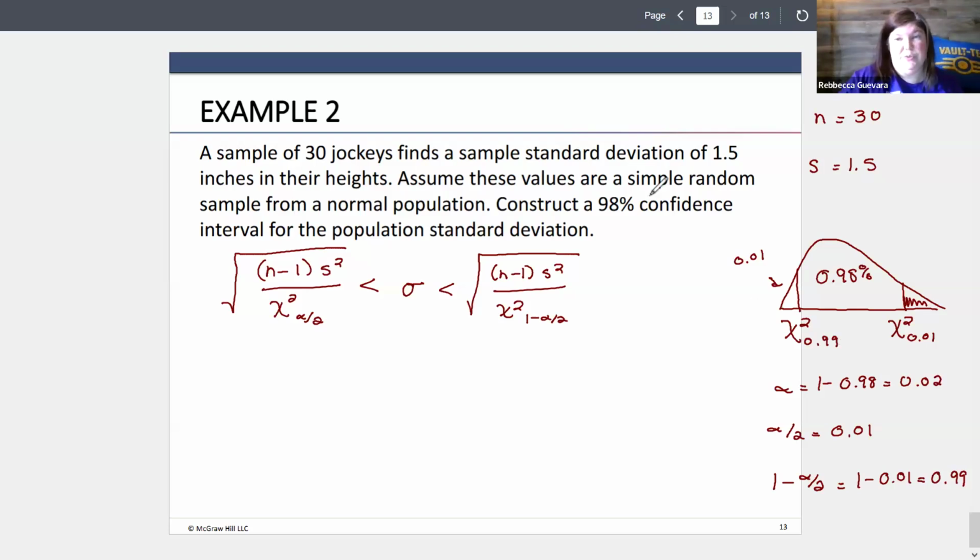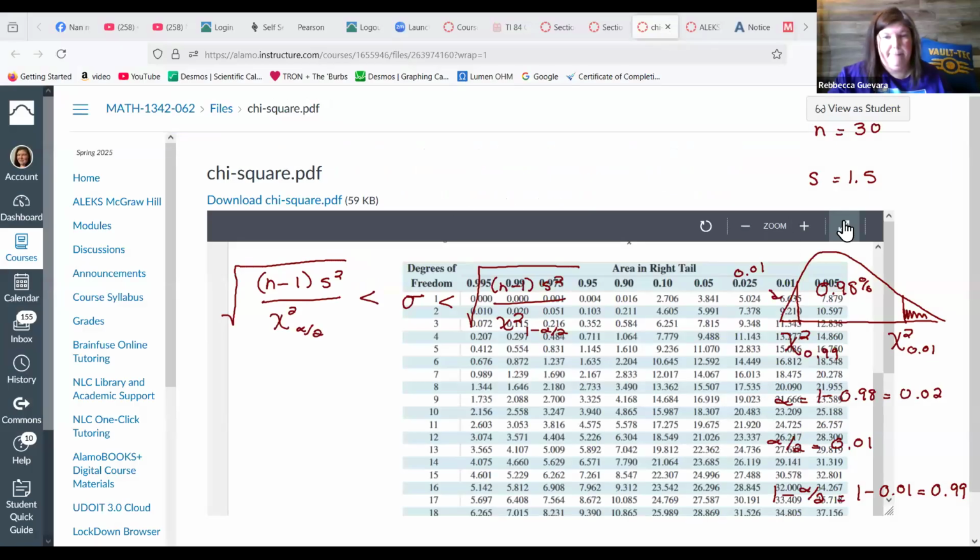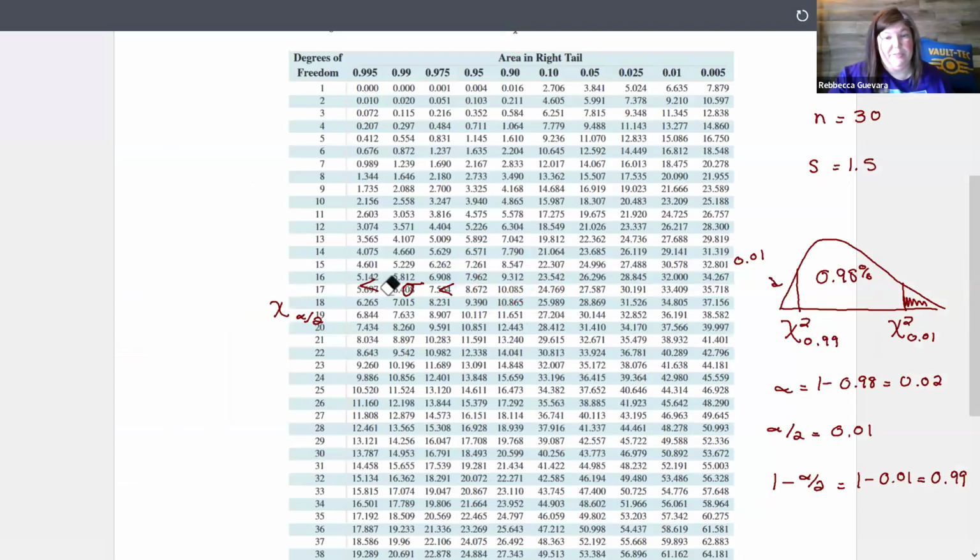So we need to switch over to our table so we can figure out what these chi-squares are. So like I said, we need these two chi-squares. We need the chi-square for 0.99, and we need the chi-square for 0.01.